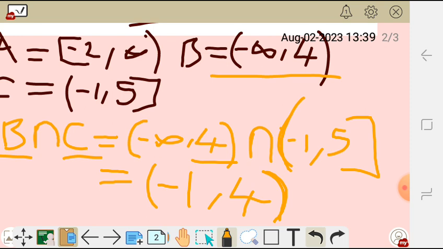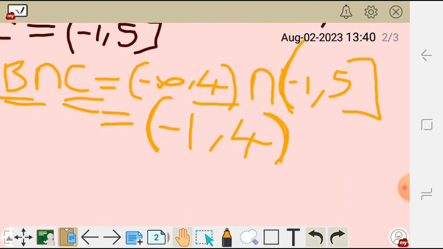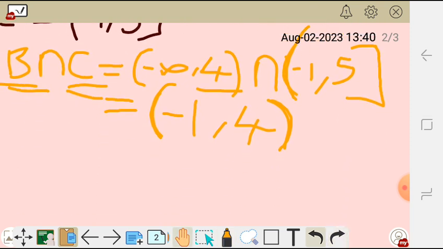So our B intersection C will be an open interval, negative 1, 4, and then open interval this side. So to write this as a set builder notation, we are going to write it in this way.